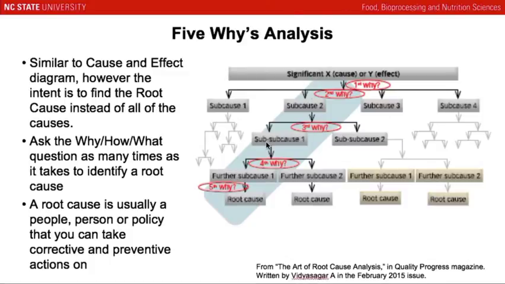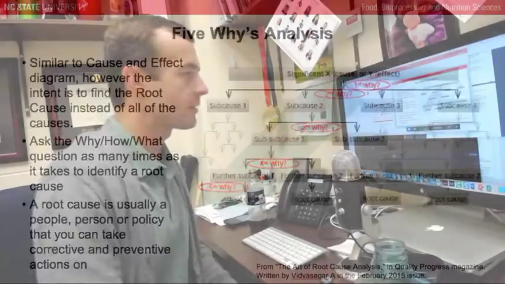The 5 whys is very similar to the cause and effect diagram, and you can tell that by the way it looks. The way it works is you just ask the why question, or sometimes how or what, as many times as it takes to identify a root cause. Sometimes you ask this question 5 times. It is called the 5 whys analysis, but sometimes you get the root cause after asking the question 4 times, sometimes it takes 20 times.